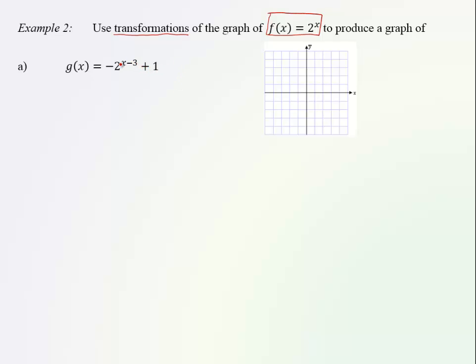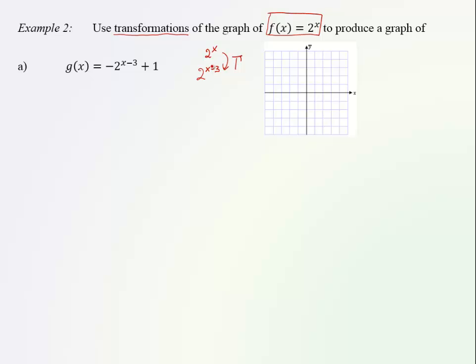So what kind of operations do we need to perform, starting with the function 2 to the x and trying to get closer to the function g? So, from 2 to the x, I need to move the x by subtracting 3. So the first step would be to obtain 2 to the x minus 3, and that can be achieved by transforming the original graph 3 steps to the right.